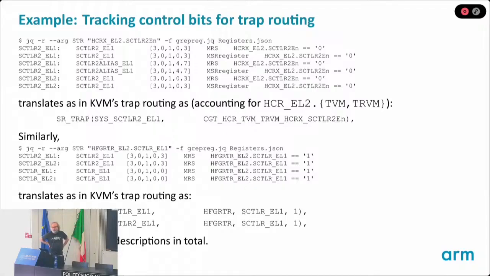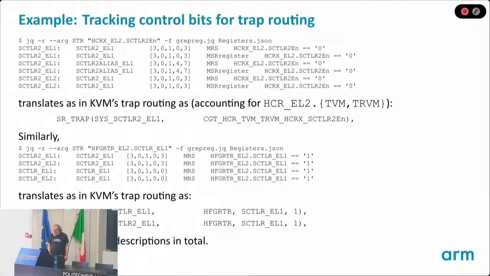And we have about 1,200 such lines for each system register. So we have a lot of system registers. But it means that we can build these things almost, I wouldn't say automated, but without having to think too much about it. Because once you start having manual interventions, you'll introduce bugs.